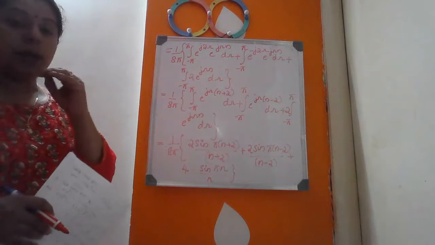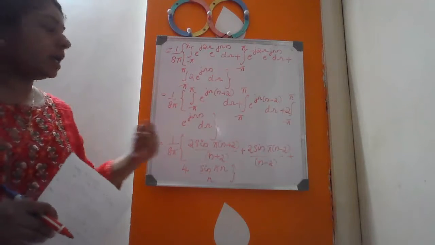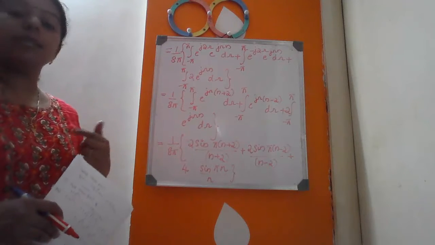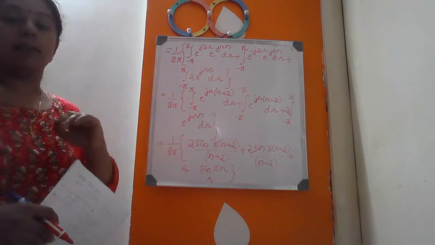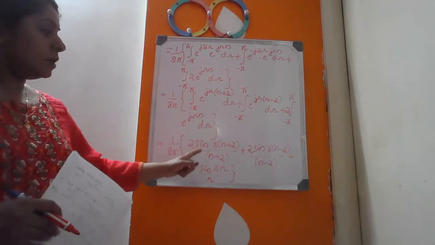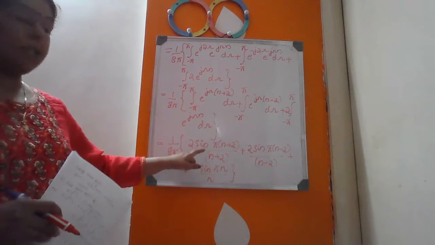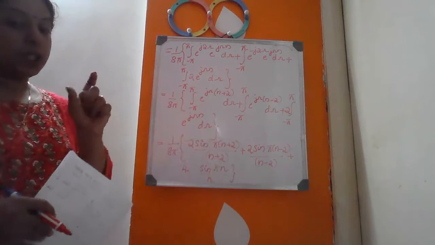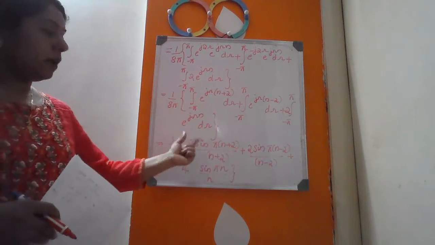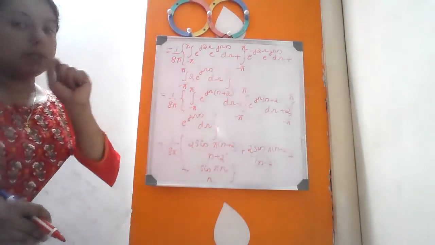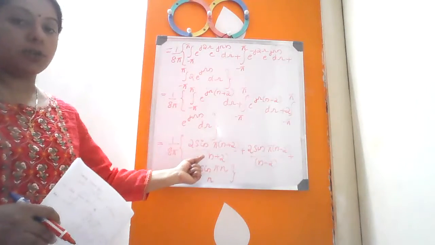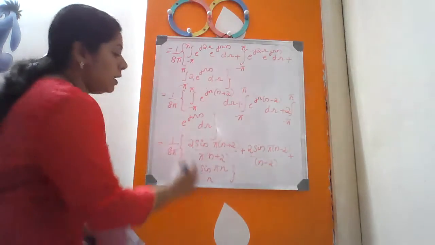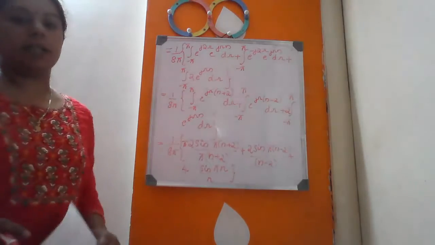Now a simple modification: instead of writing in terms of sine, I am going to write it in terms of the sinc function, that is sine theta by theta. In the first term, what is the theta value? Sine pi n plus 2, so theta is pi n plus 2. To represent it as sine theta by theta, in the denominator I also need one pi, so I add a pi in the denominator and cancel it in the numerator.